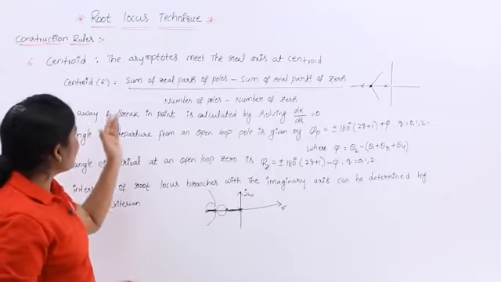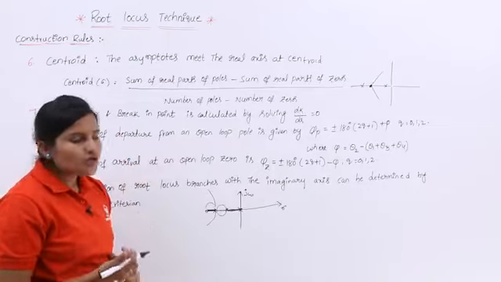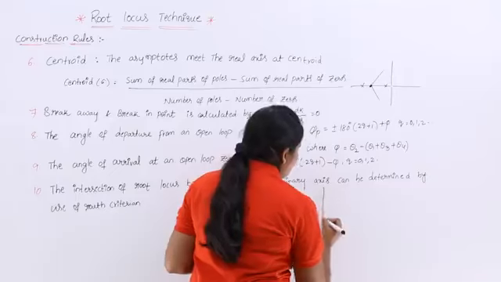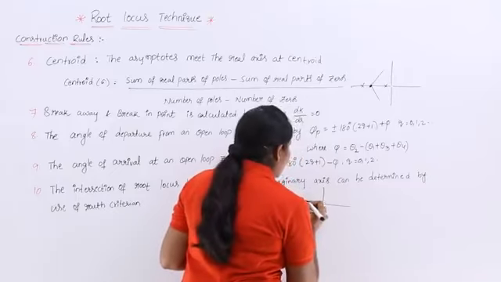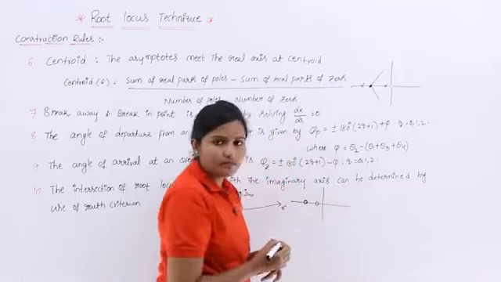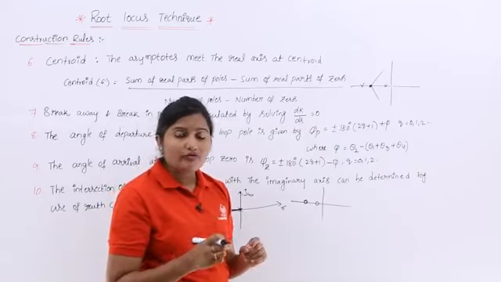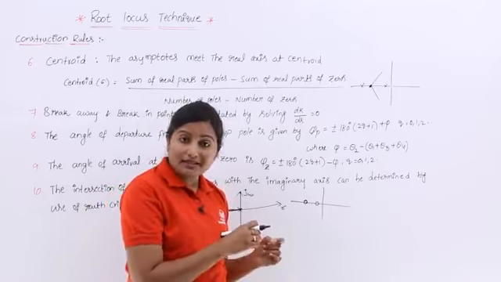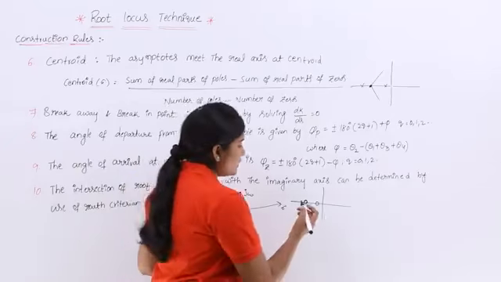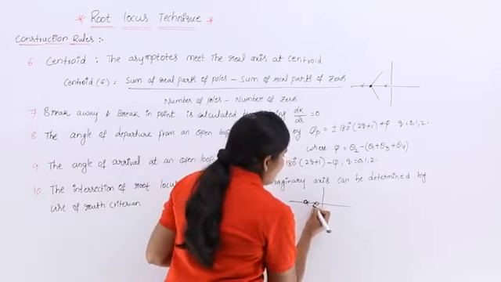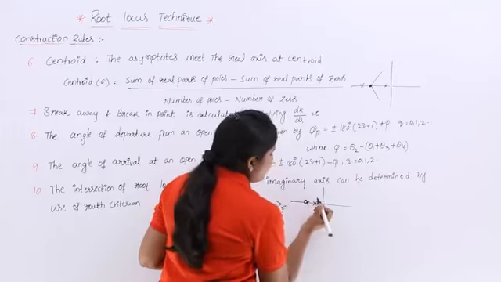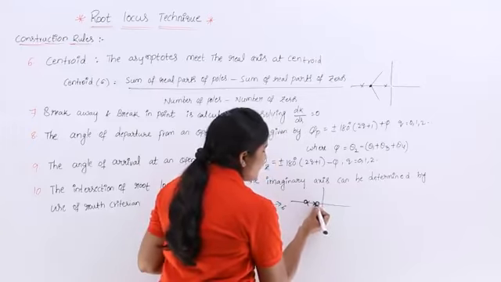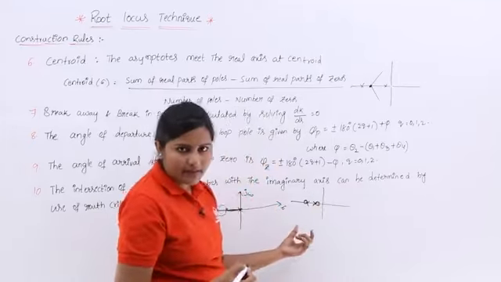And coming to breakaway and break-in points, here I need to discuss one more point. As I told you, the root locus always starts from poles and terminates at zeros. So here this is going to terminate at a zero. When a zero is there, an incoming arrow will be there.